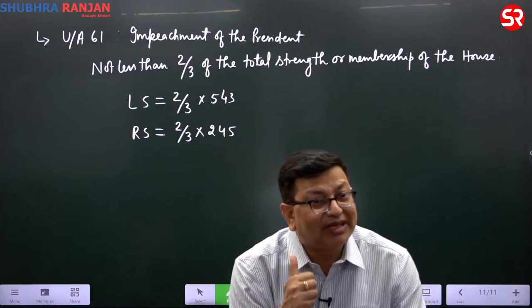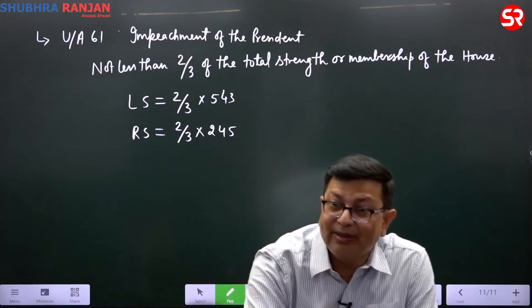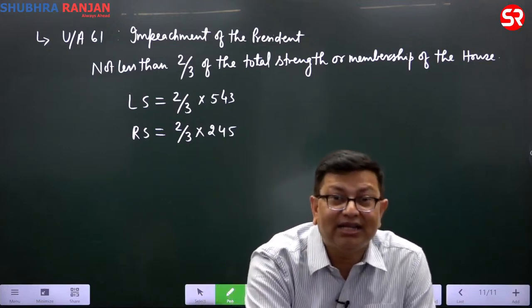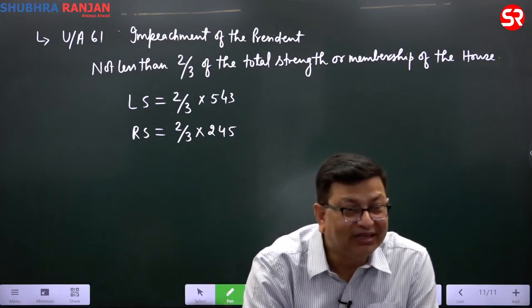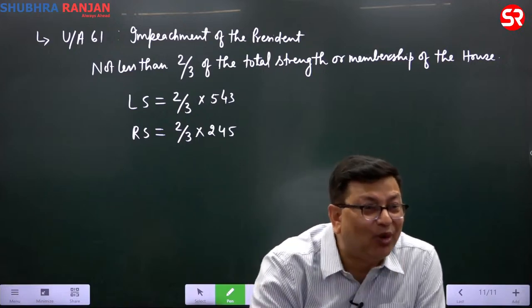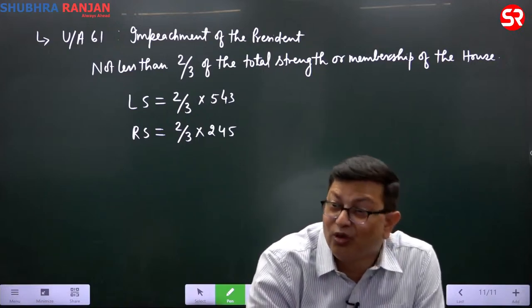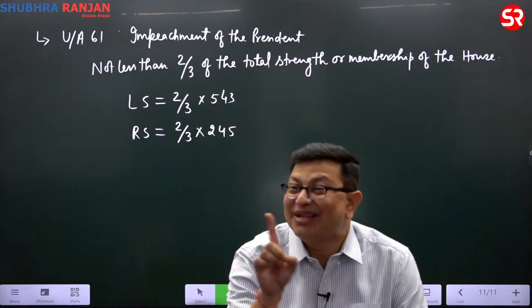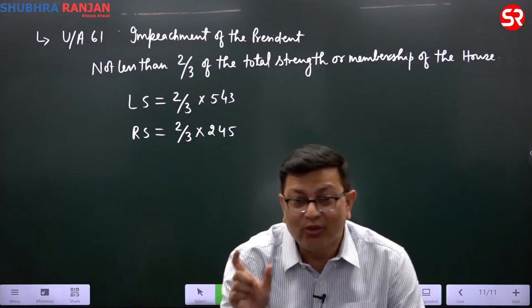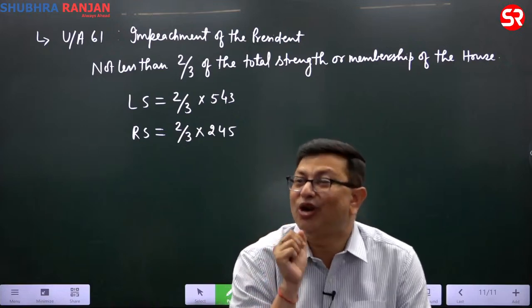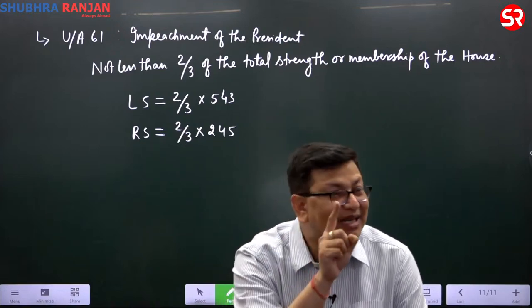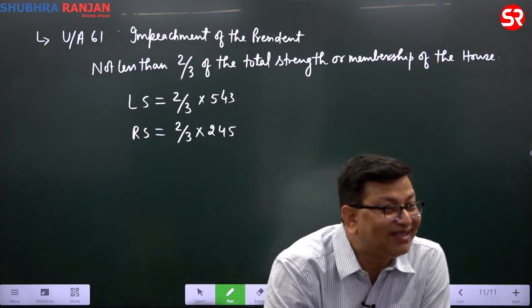Here in case of the president, the ground for impeachment is the violation of the constitution. Then for the removal of the judges of the Supreme Court, it is proved misbehavior or incapacity. So only the context matches that until and unless the parliament passes the resolution, the president cannot remove the judge.